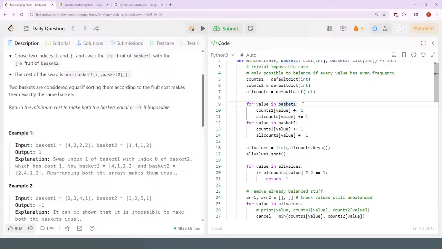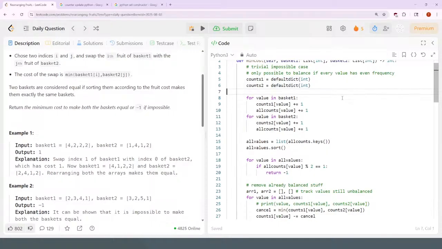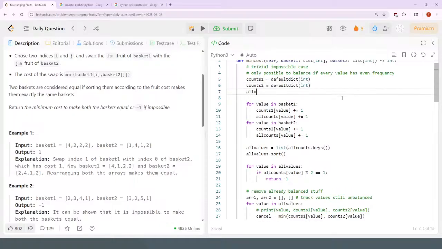So I have my counter. All counts of the value. I actually don't know if I ever use all counts of the value. Maybe all I need is a list of all the values.